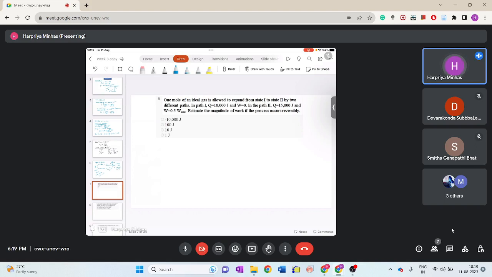It states that 1 mole of an ideal gas is allowed to expand from state 1 to state 2 by two different paths. In path 1, Q equals 10,000 joules and W equals 0. In path 2, the Q given is 15,000 joules and W equals 0.5 of W max. Estimate the magnitude of work if the process occurs reversibly.